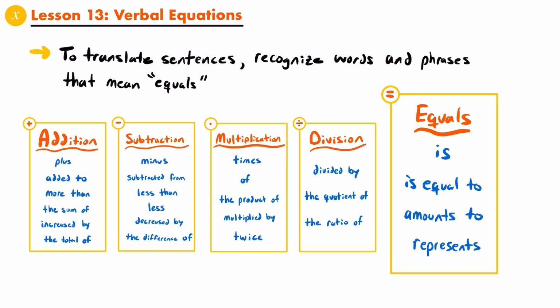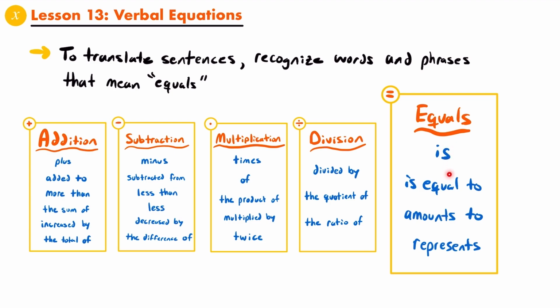There are four new words and phrases that all refer to equals or an equal sign, and that is the word is, the phrase is equal to, the phrase amounts to, and the word represents. Those four words and phrases, if you see them in a sentence, refer to an equal sign. That's going to help you create an equation from the words that you find in a sentence.